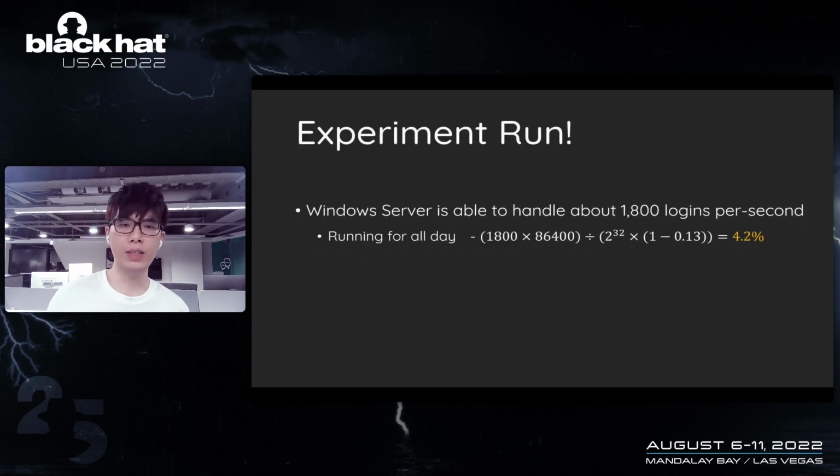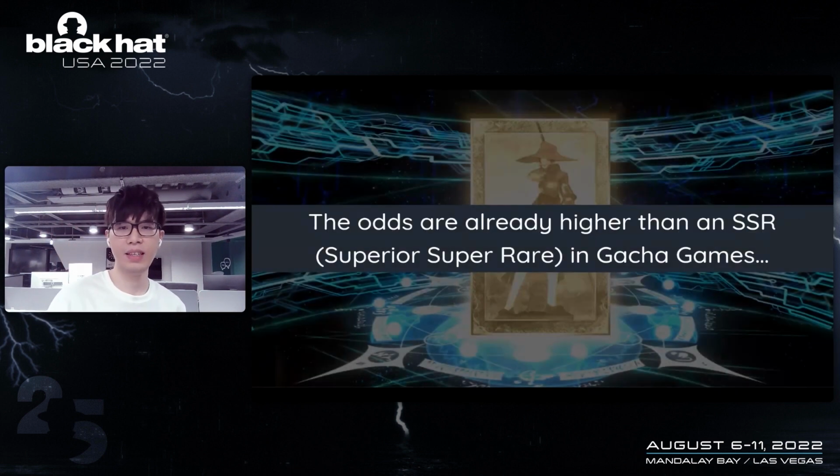To prove it works, we did a test in our lab environment. Windows Server can handle about 1,800 login attempts per second. Because every attempt costs nothing, you can run this all day and the success rate is about 4.2%. This is already higher than the SSR rate in your gacha games.